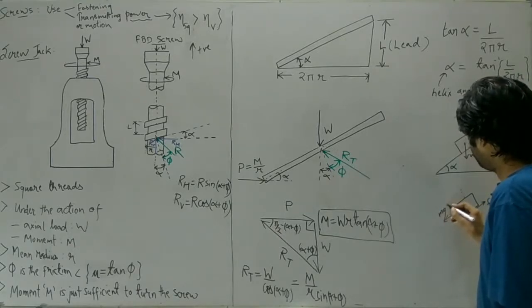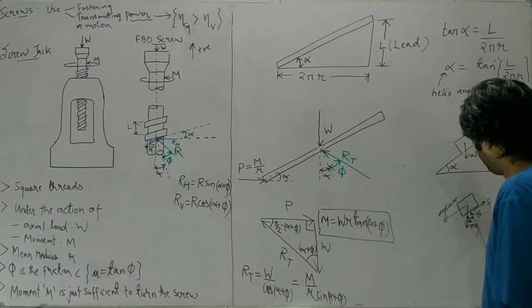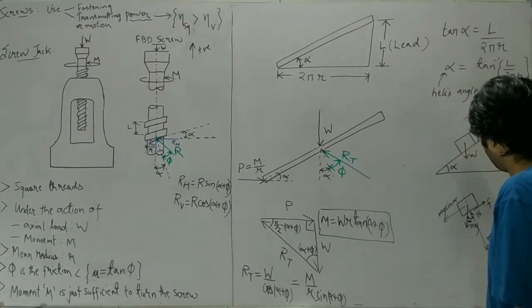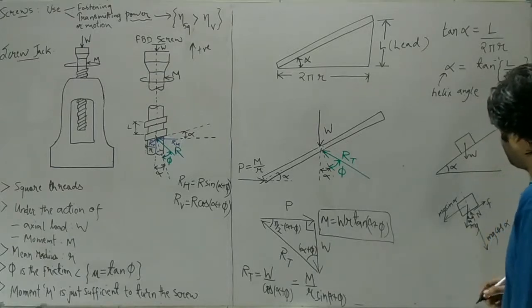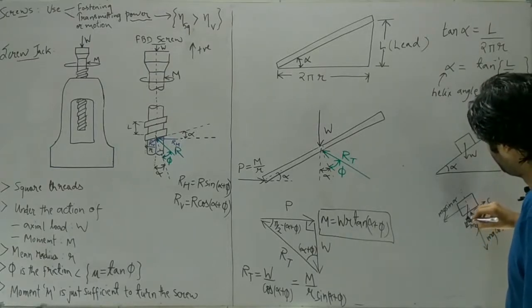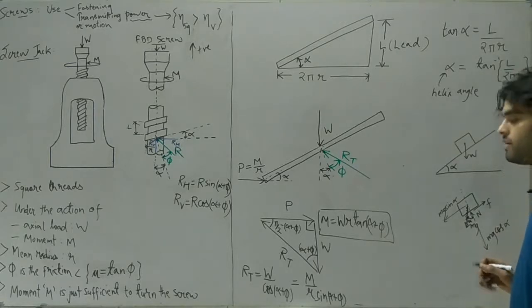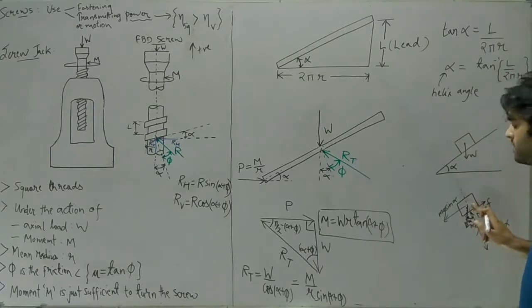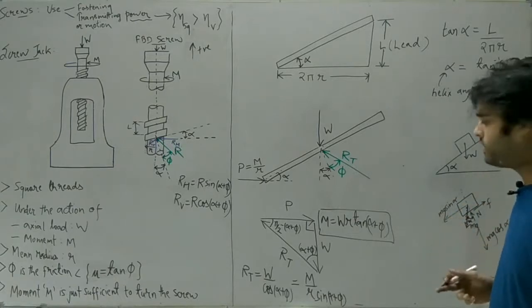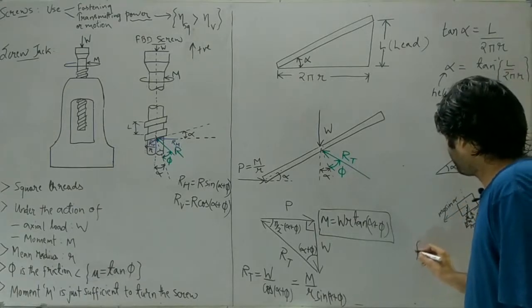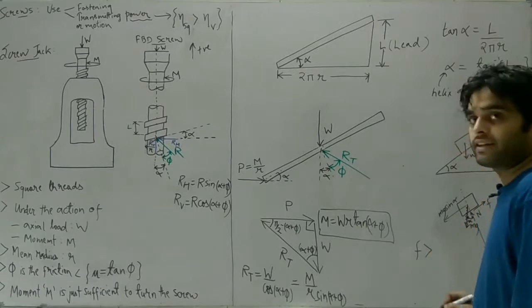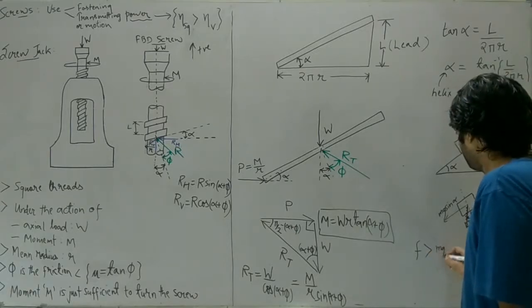This will be mg sine alpha, and in this direction it will be mg cos alpha. Now if this block doesn't slide down on its own, then F must be greater than mg sine alpha.